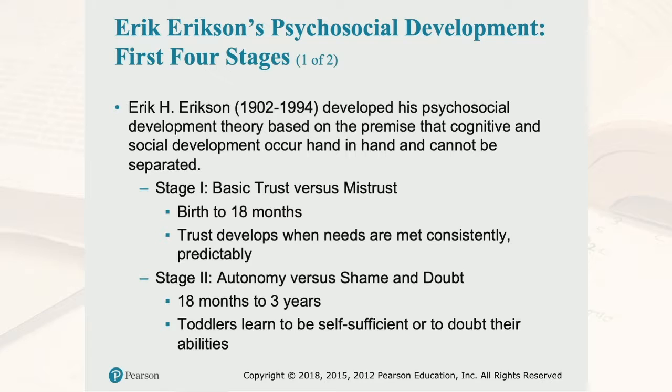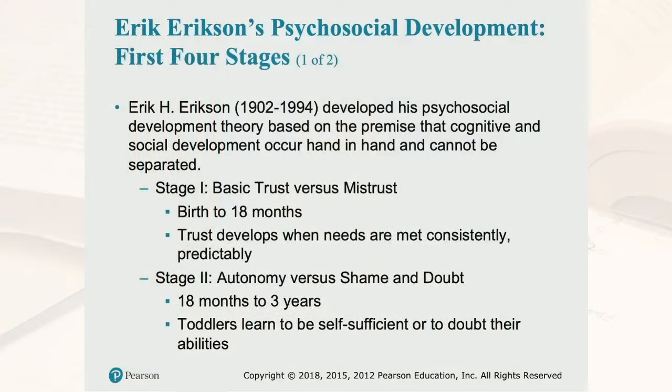Erikson's first stage of his theory, basic trust versus mistrust, occurs during infancy. If an infant is hungry and they're fed, or they're crying and they're picked up and cuddled and rocked and nurtured, meeting those basic needs helps an infant develop trust.